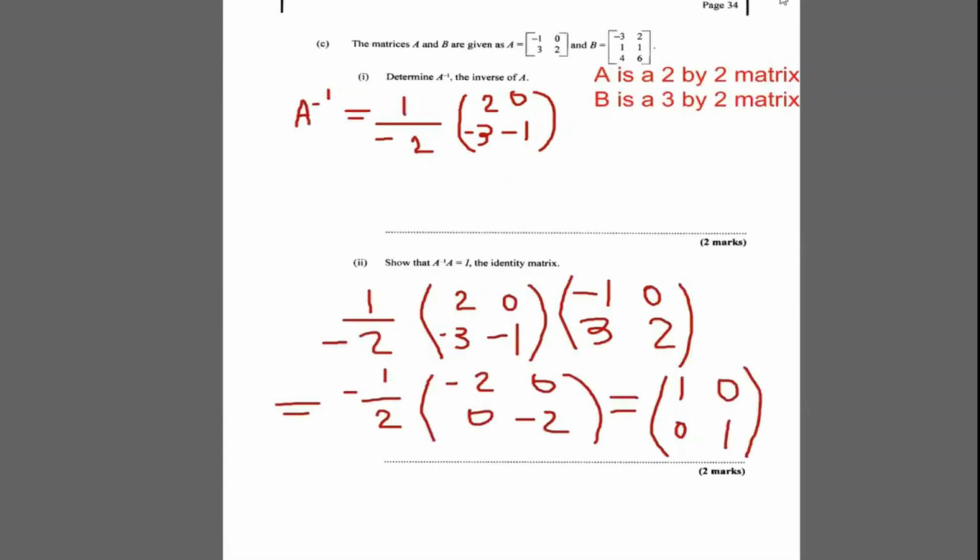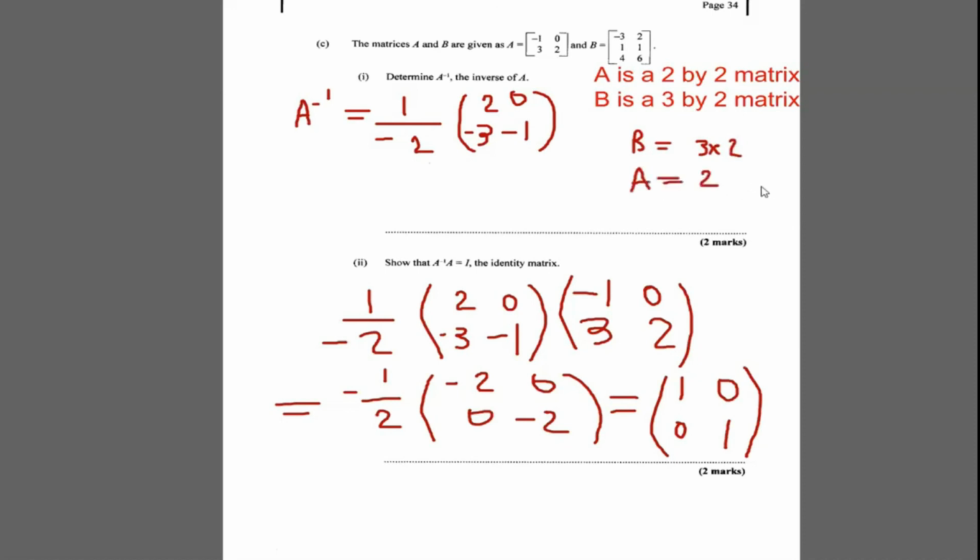Then it asks us to work out what would be the order of B times A. Now, in order to know the order of B times A, B, as we said, is a 3 by 2, and A is a 2 by 2.